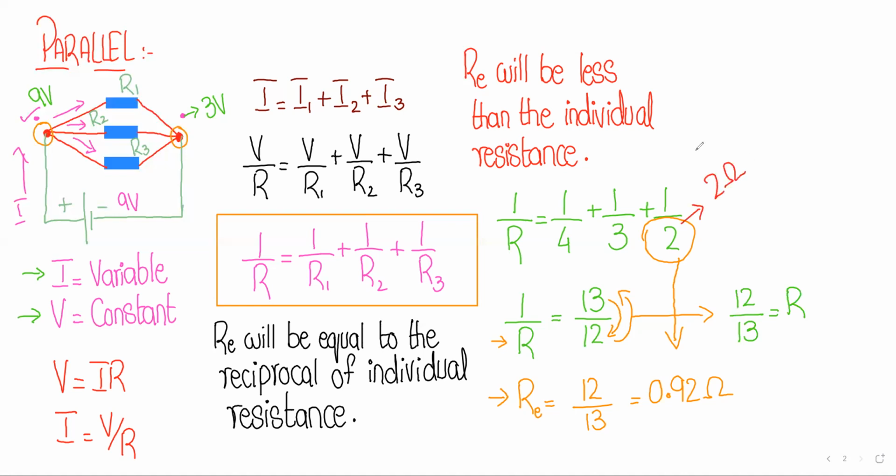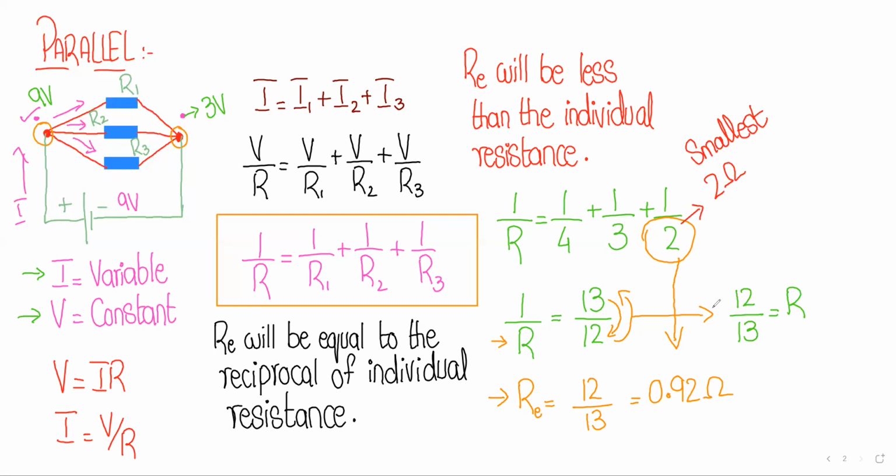This is the smallest resistor in our case, and we are getting the final answer which is less than this smallest resistor. That is the meaning of individual resistance: you can compare the value of final resistance with the individual values of resistance that are given.